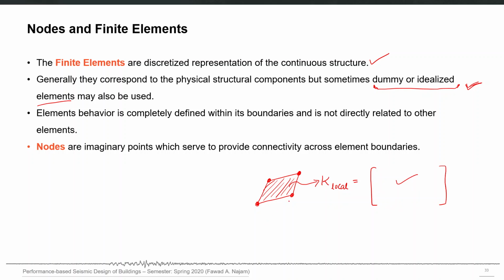So one element is kind of stand alone in its mathematical formulation, and nodes serve to provide connectivity across element boundaries. So there will be some other element also here, for example, and that element itself will have another K local which comprises the material and cross section properties of that element itself, and it will not have any effect from the other element. So nodes are imaginary points which serve to provide connectivity across element boundaries.